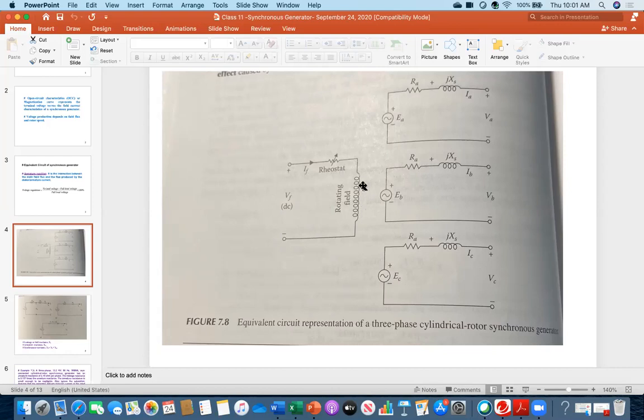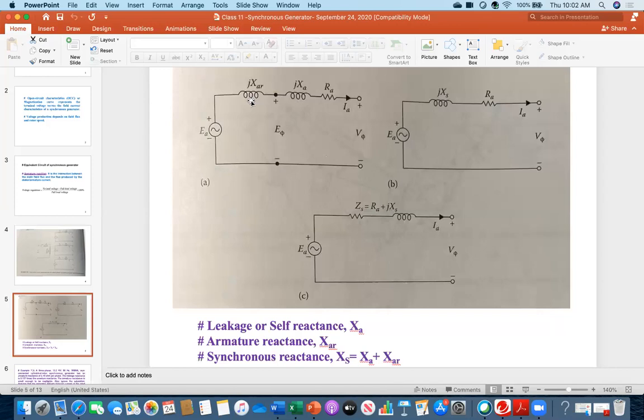Because it is reducing some of the main field flux, the effect is that some of the voltage gets dropped here, which means there is a reactance, called XAR, the armature reactance. Therefore, leakage or self-reactance means the main inductance of the stator coil. RA is its resistance, that is fine.